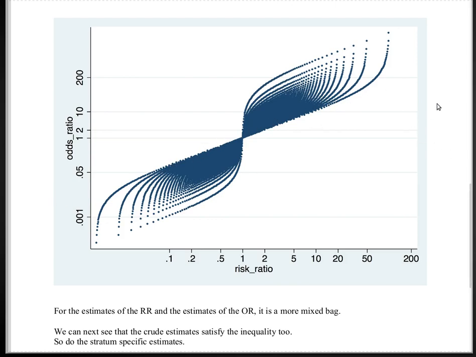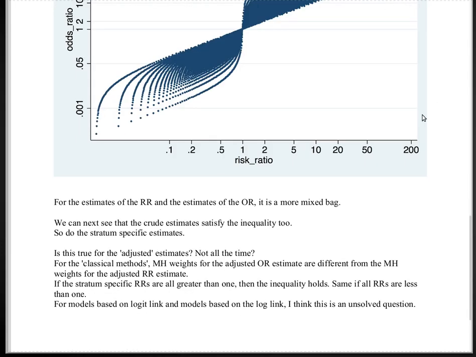One more point that needs to be mentioned: the inequality showing that the odds ratio is always further from the null than the risk ratio is a little more elaborate than you might be thinking, or than what I said at the beginning of this section. The crude estimates and the stratum-specific estimates satisfy that inequality. The odds ratio will always be further from the null than the risk ratio.